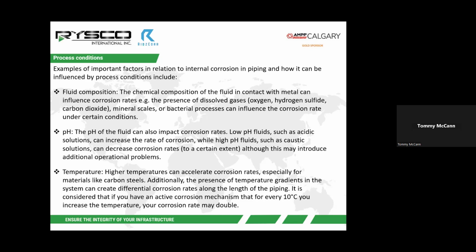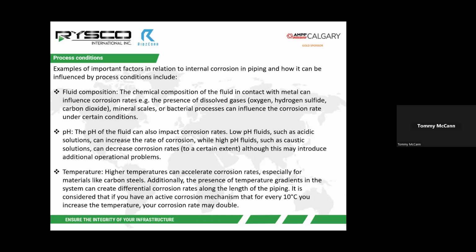pH, which anyone who's done any of the formerly NACE and now AMPP training courses will know, there's a big section on how we measure pH and why, within at least 2 of the courses. Because through many years of measuring and tracking it, it's been identified that where you have low pH in a fluid, where you have acidic solutions, that can for sure increase the rate of corrosion.